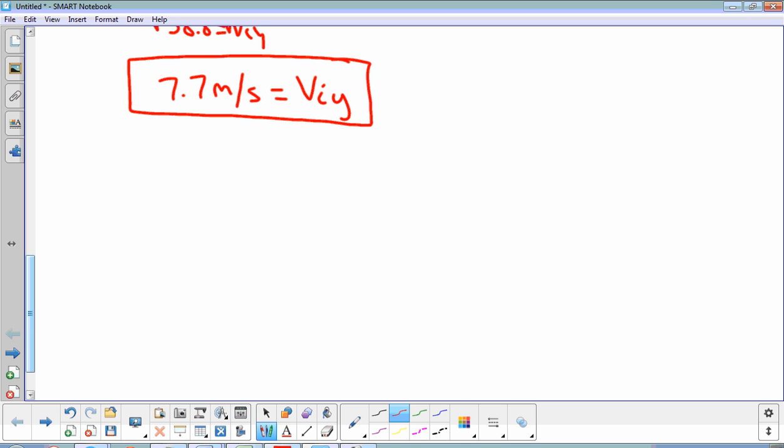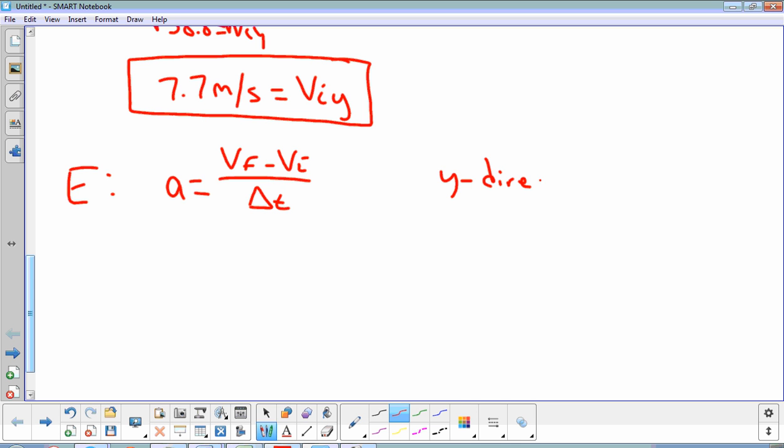So the next thing I decided to do was solve for time. Time's always good to have in one of these projectile problems, right? So I'm going to solve for the easiest time that I can. Since I know V initial now, I can use the equation A is equal to V final minus V initial over delta T. I'm going to do this in the Y direction.